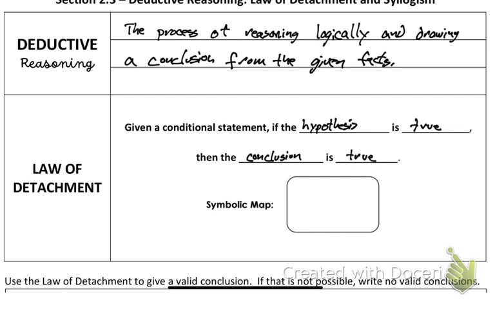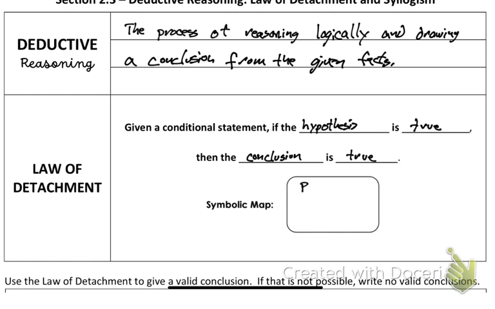Now, this is totally based upon the if-then statement being true to begin with. So if the hypothesis is true, then the conclusion is true. Here is the symbolic map. It might not make a lot of sense to you guys, so it might just have to do with you remembering that if the hypothesis comes true, then the conclusion comes true. But here's the symbolic map.